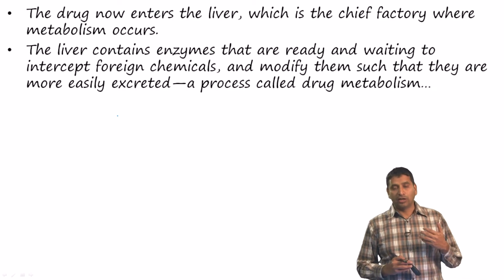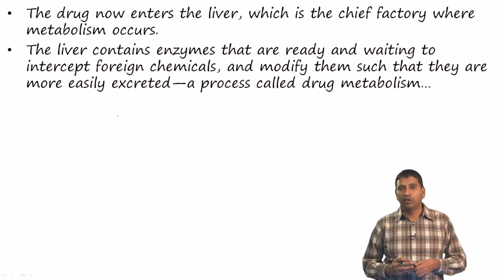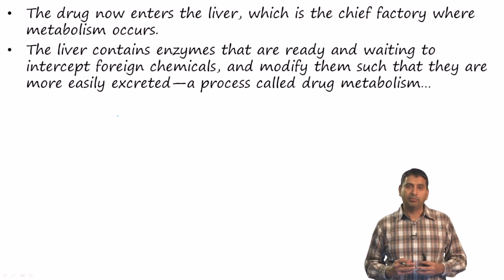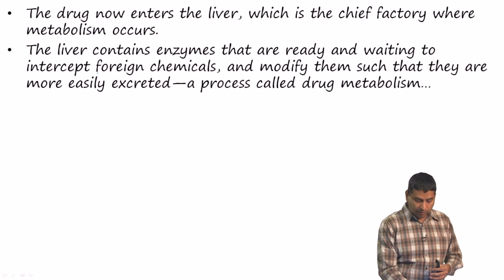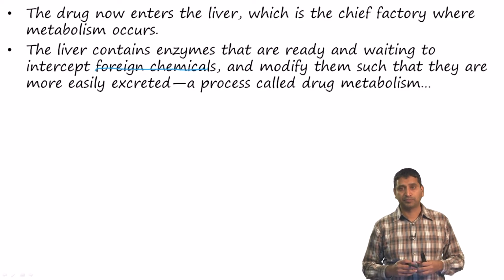So, now the drug enters the liver. Okay. So, liver is the major factory where metabolism occurs. Okay. So, liver contains a huge range of enzymes which we will look at later, that are ready and waiting to intercept the foreign chemicals. So, keep in mind that as far as we are concerned, the drug is a foreign chemical.